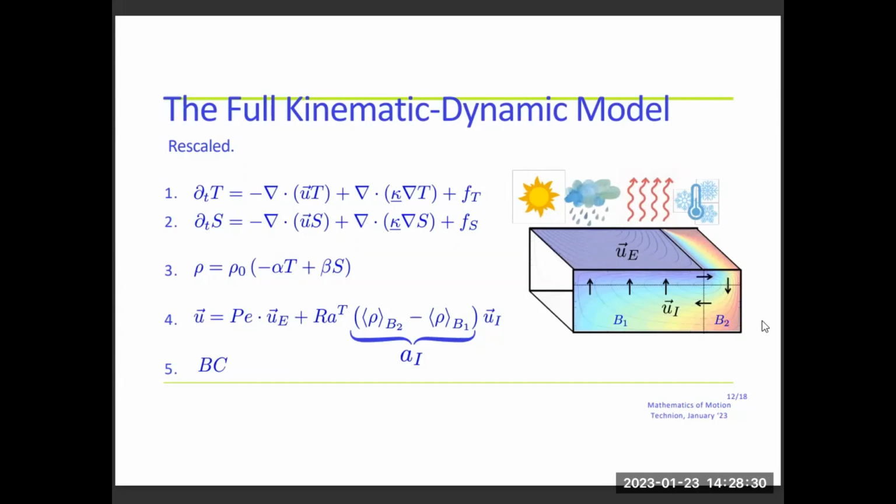So this is just a number times whatever we take to be the internal flow, which, as I explained to you, is this kind of overturning circulation. We add boundary conditions, and we get our kinematic dynamic model. In the second half, which is coming up, I will get more into the equations of this model.